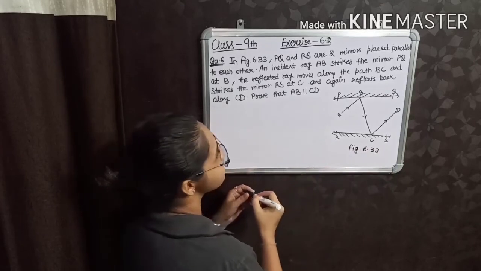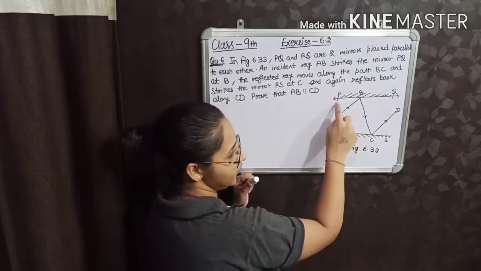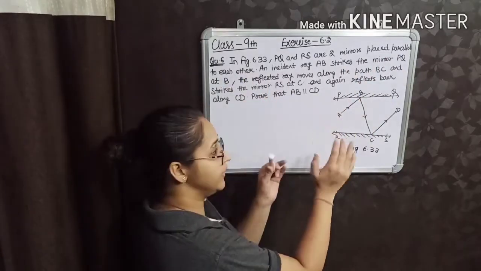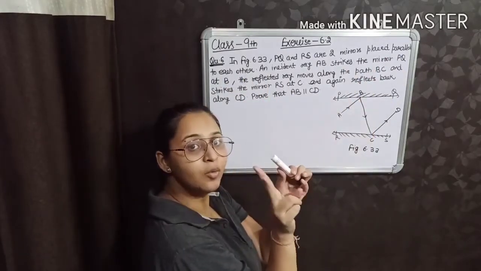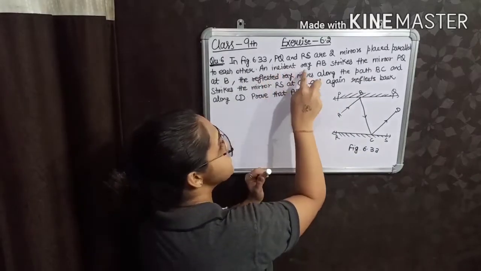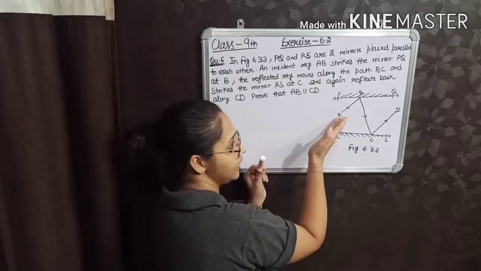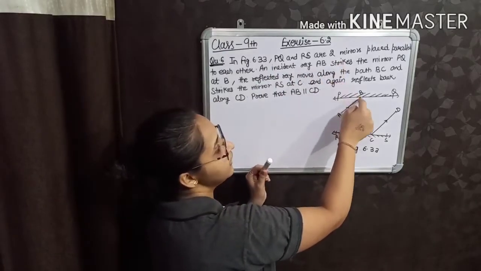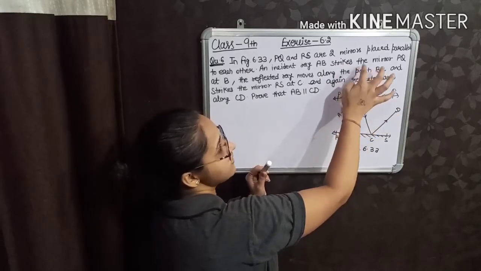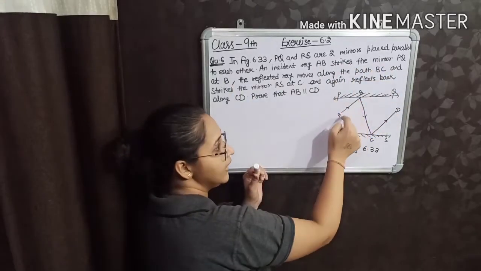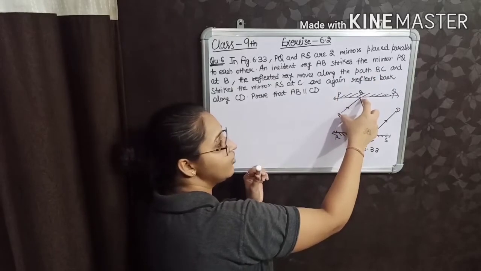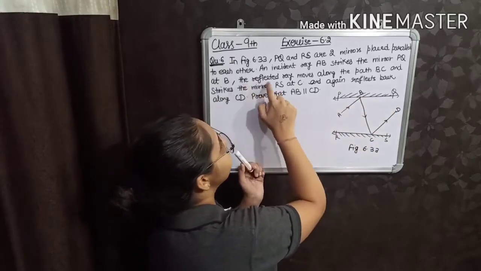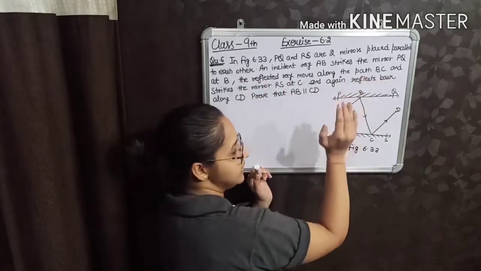PQ and RS are two mirrors. PQ and RS are two mirrors placed parallel to each other. It means PQ and RS are two parallel lines. An incident ray AB strikes the mirror PQ at point B. The reflected ray moves along the path BC.